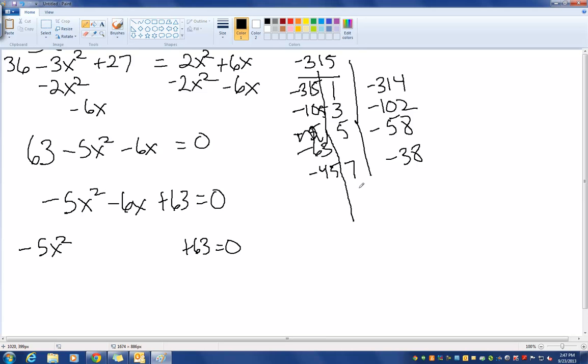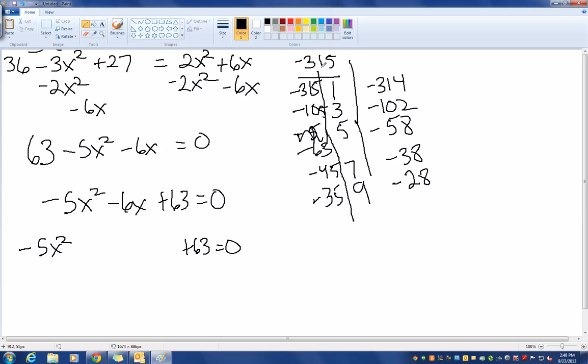Let's try 9. Well, 9 times what equals negative 315? Looks like 35. Again, still adds up to too big of a negative number. And let's try then 11. I'm avoiding the even numbers because those clearly won't work, because this is odd.